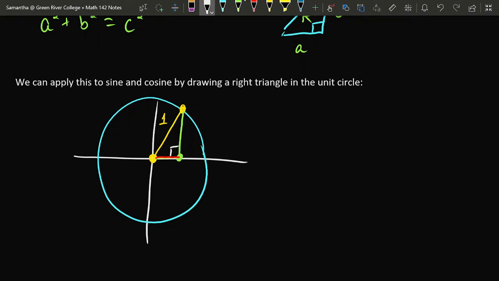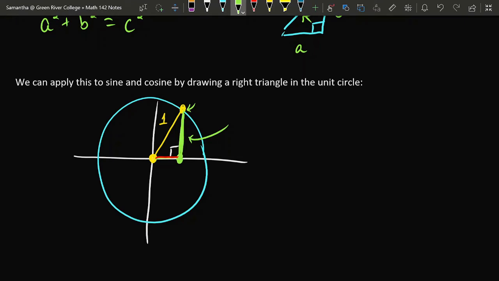Now notice something interesting about the 2 legs of this triangle. The length of the vertical leg is going to be exactly the same as the y-coordinate of this point here on the circle.